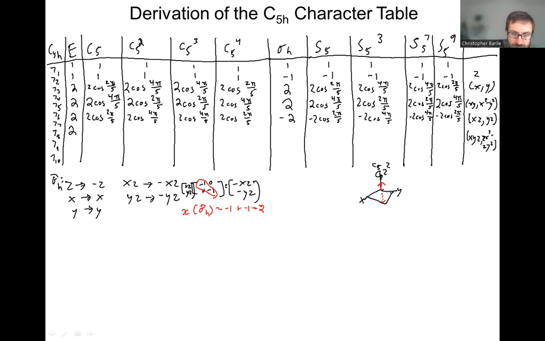So we're just going to copy these values here because we're just multiplying by z, which is all equal to 1. So it ends up being these values here. It ends up being pretty easy. So we just take 2 cosine 4 pi over 5. And again, you see this alternating with the 4 pi over 5s and 2 pi over 5s. Some patterns here. We're just copying these over from this line here.